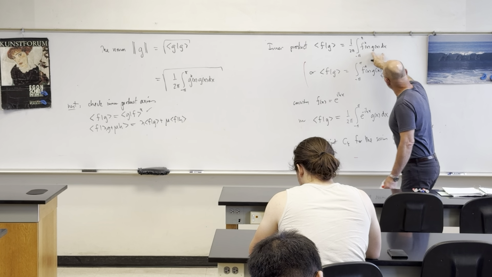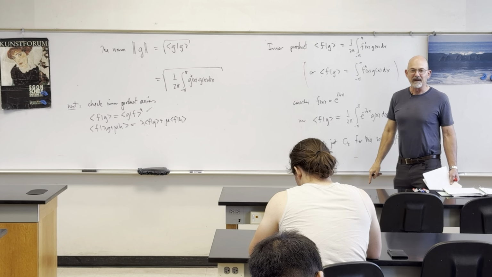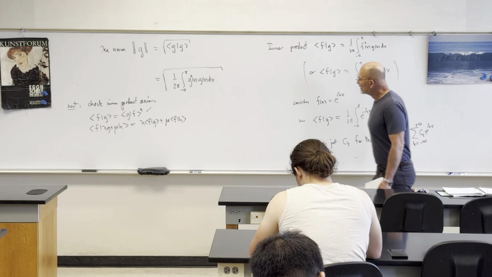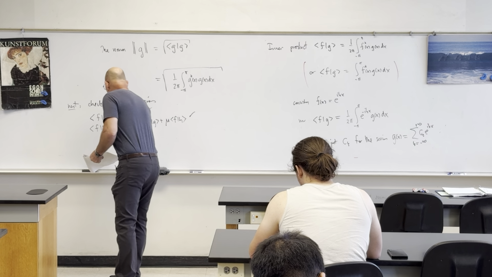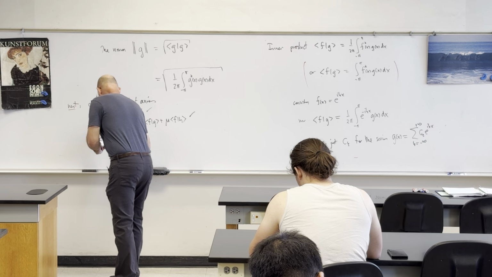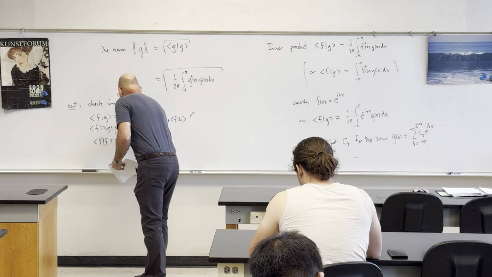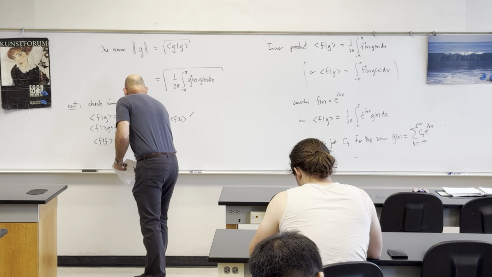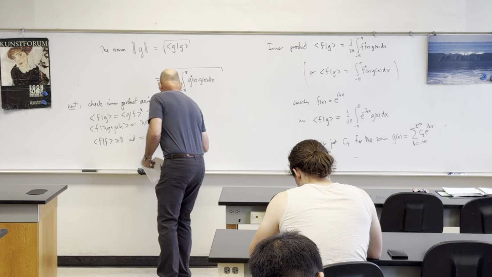If I'm multiplying the second one by lambda and mu, those are pulled out linearly, okay? No complex conjugation. So again, this one works as well. And then the third one, f with itself is greater than or equal to 0 and equal to 0 if and only if f is identically equal to 0.